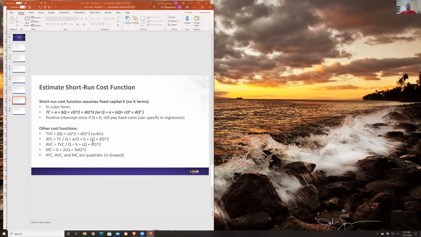All of the terms that have just squared terms in them will have underlying data points that look U-shaped or hill-shaped. So they'll only have one change of direction in them. If you're U-shaped, then you're decreasing, but then you change direction when you start to increase. If you're hill-shaped, like some of the total benefit or total revenue or total product curves, you had single changes of direction there too.